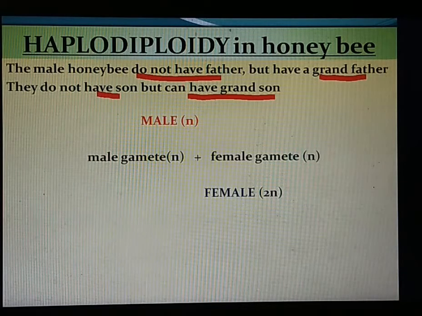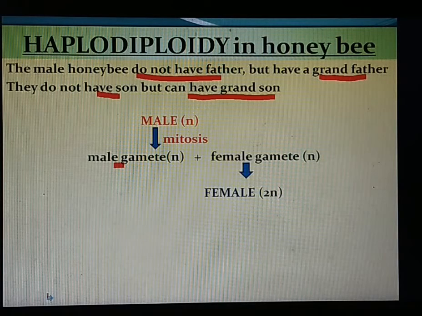We know that males are haploid, right? So haploid males will undergo mitotic division, and it will give the haploid gametes, male gamete, and this male gamete will fuse with the female gamete, and it will produce what? Females, which are diploid.